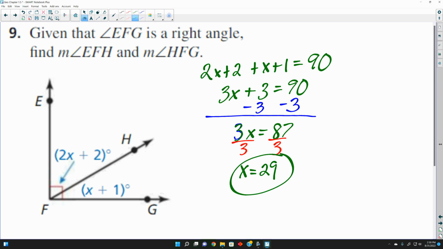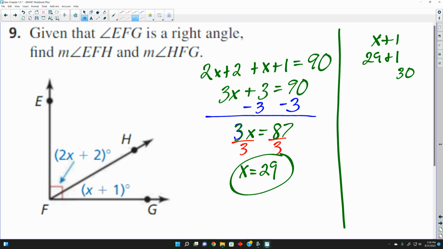One of them's a little bit easier than the other, because one of them is x plus 1, yes? So we have 30, which is the measure of angle HFG.